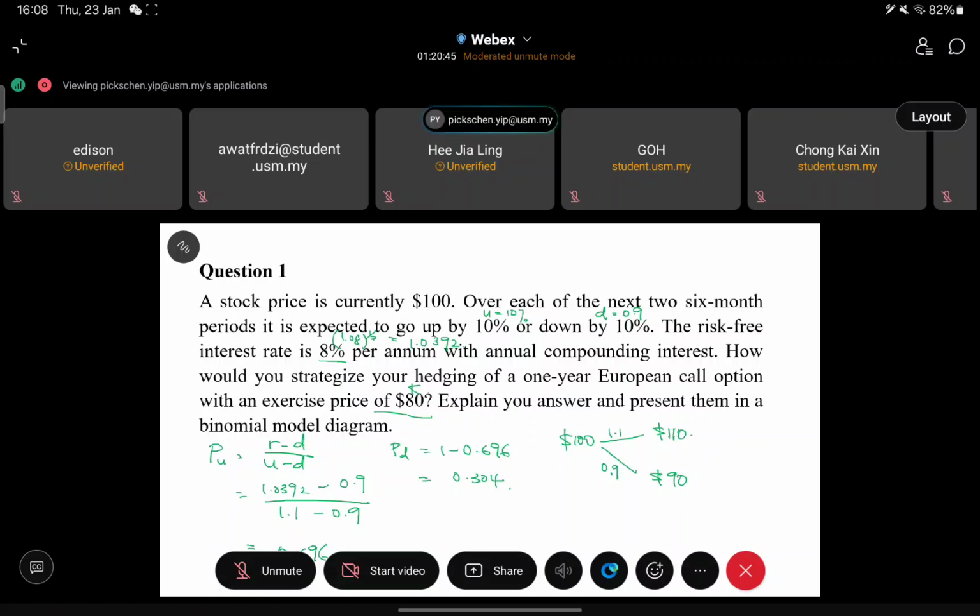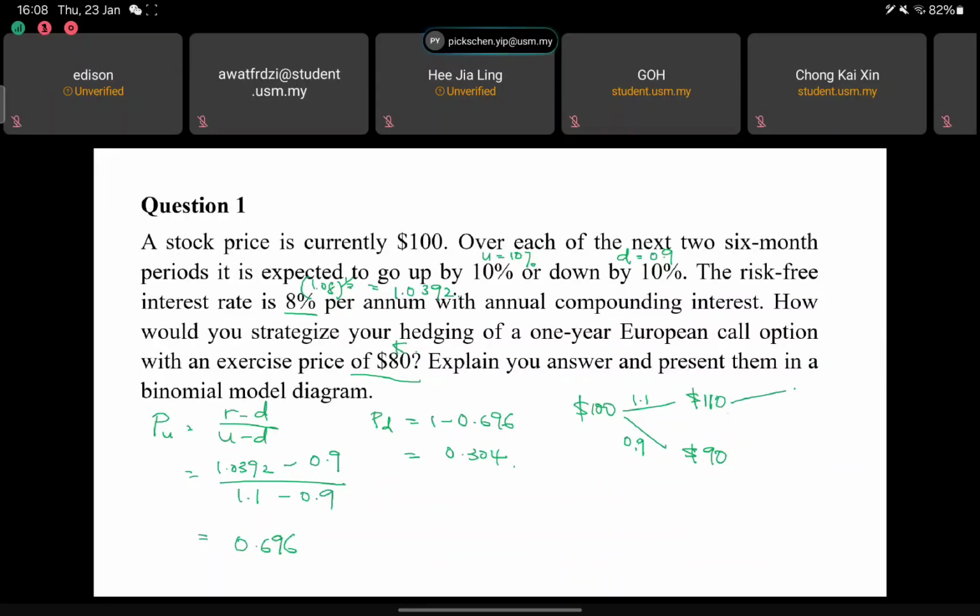If 110 goes up again, it becomes 121. If it goes down, it becomes 99. For 90, if it goes down by a factor of 0.9, it will be equal to 81.